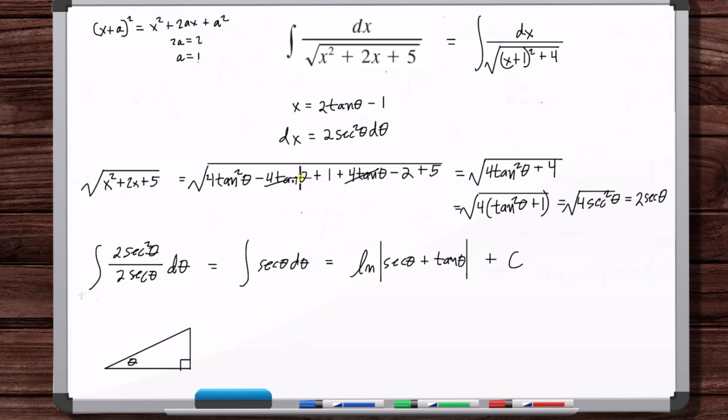All right, this is a little bit trickier in this case. We come back here, and we want to solve for it.